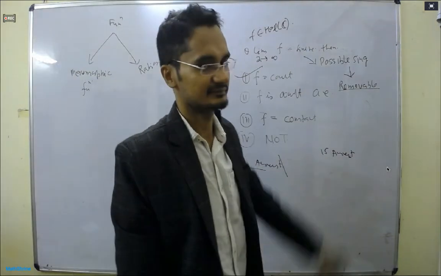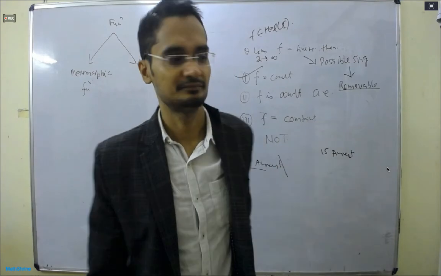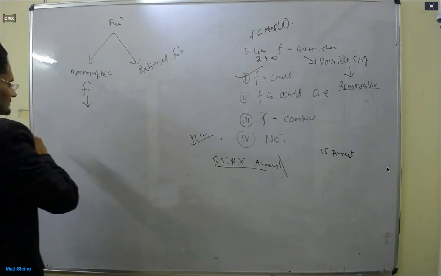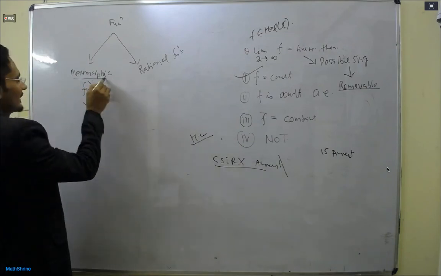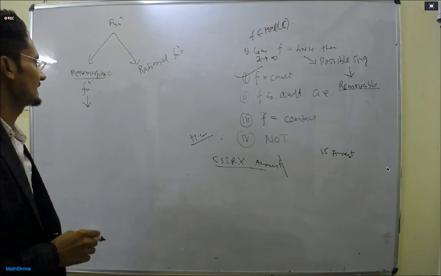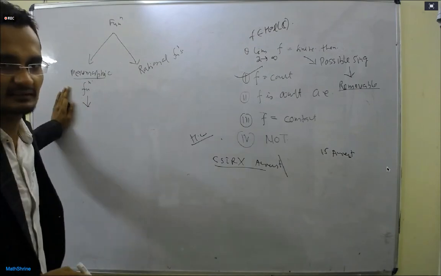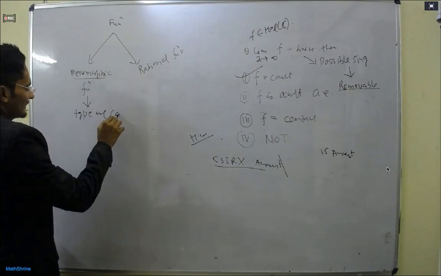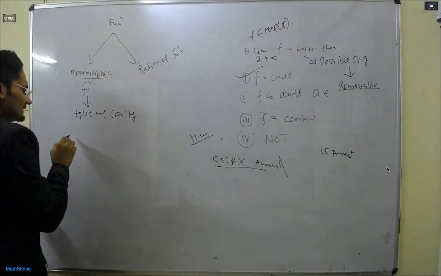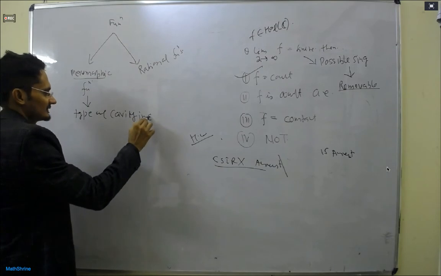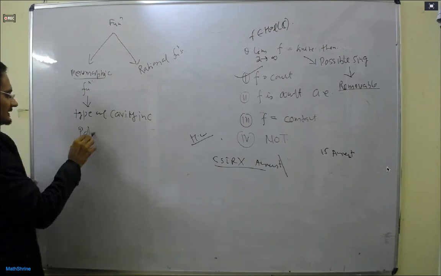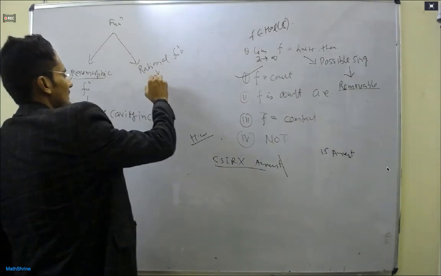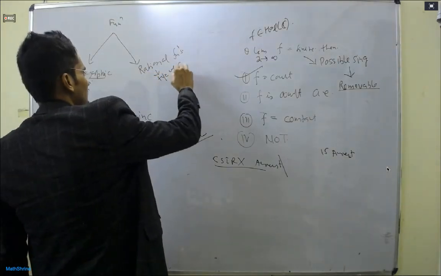Anyway, so what is a meromorphic function? There are many ways we can write. So a meromorphic function can have only pole singularities in C. The type of singularity in C is pole only.